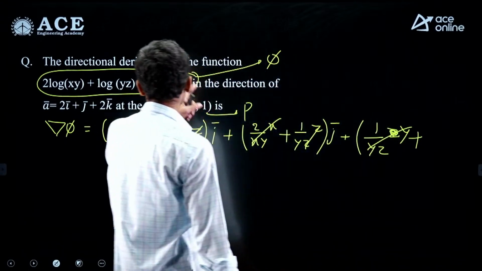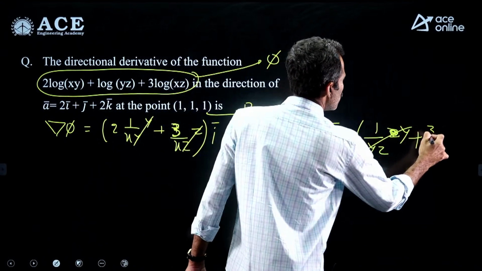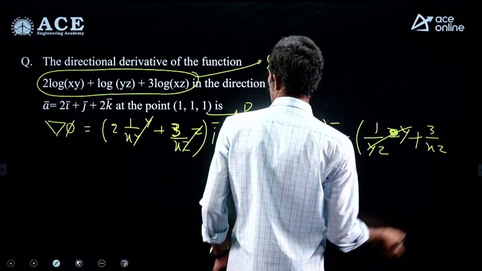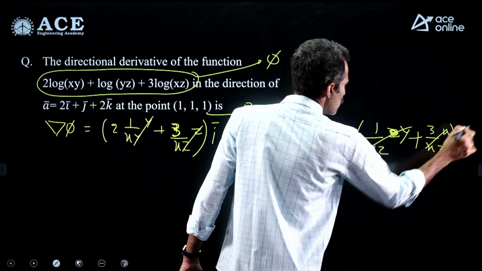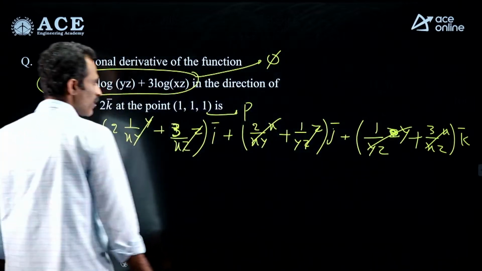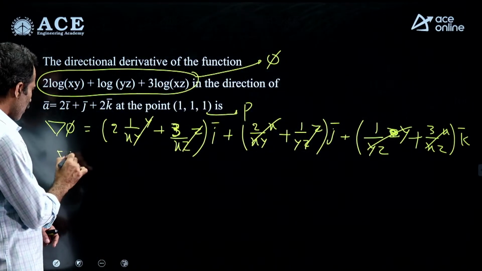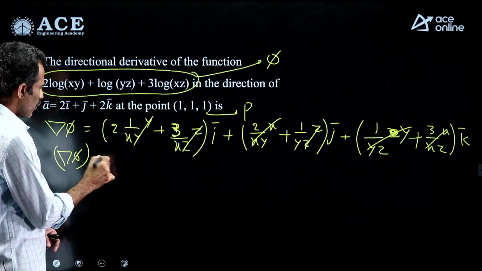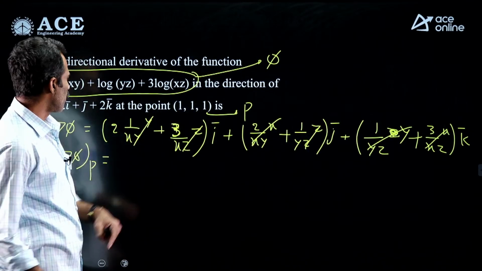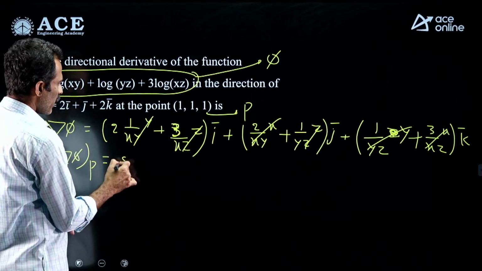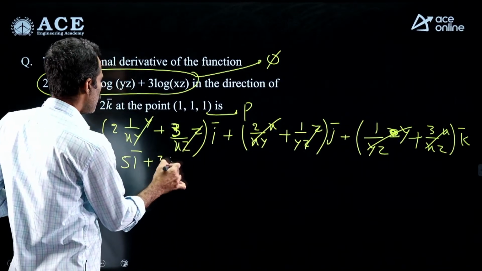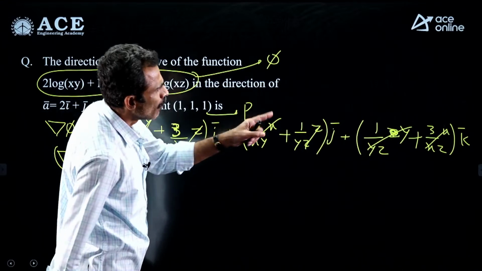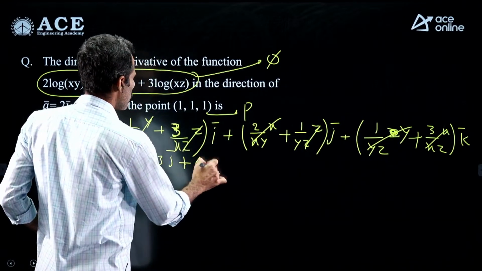Plus again this with respect to z is 3 by xz, with respect to z again it is x, cancel, into k bar. So finally this is the del phi, but we require del phi at a particular point. X equal to 1, y equal to 1, z equal to 1: 2 plus 3, 5 into i bar, plus 2 plus 1, 3 into j bar, plus 1 plus 3, 4 k bar.